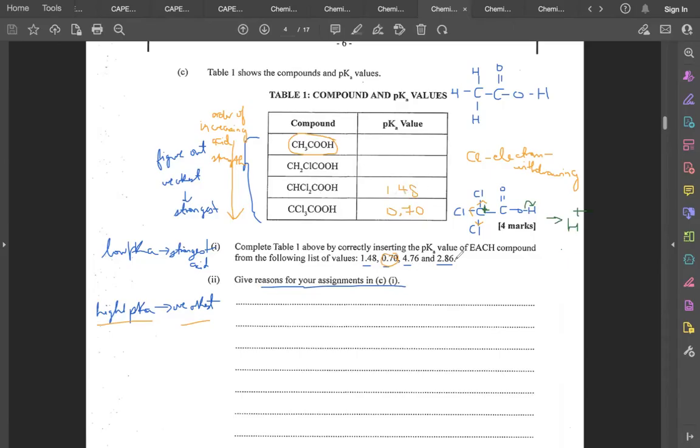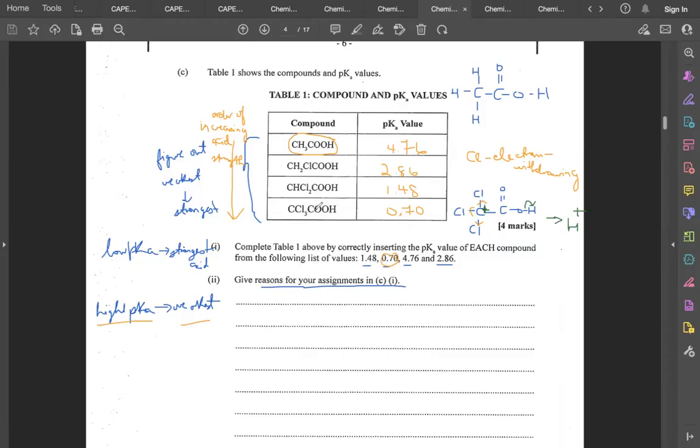Then my third lowest pKa is 2.86, so I'm going to put that one here. And then my highest pKa is 4.76. Remember now, guys, high pKa corresponds to our weakest acid. Low pKa corresponds to our strongest acid. So do you guys get that?